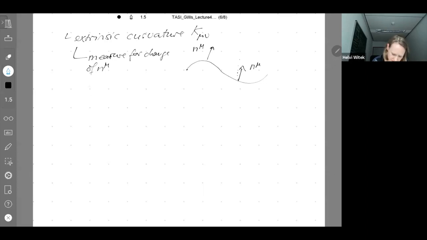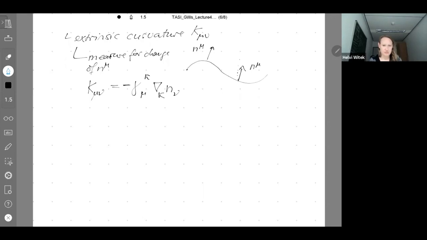So you would introduce the extrinsic curvature K mu nu as, I'm using a sign convention here, minus sign, so that our normal vector is future directed. And then we have a projection operator related to the induced metric gamma, and here we would have essentially the covariant derivative of the normal vector n mu.